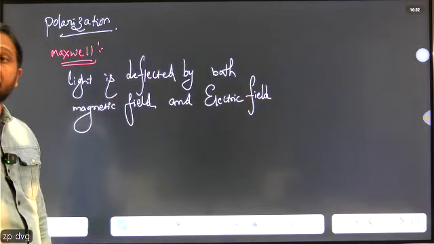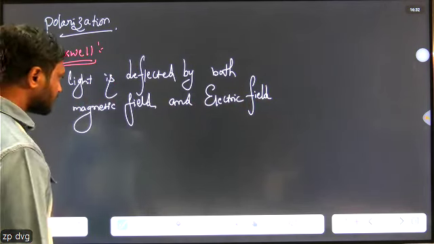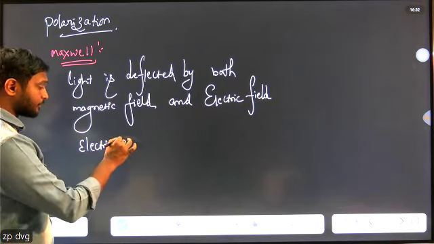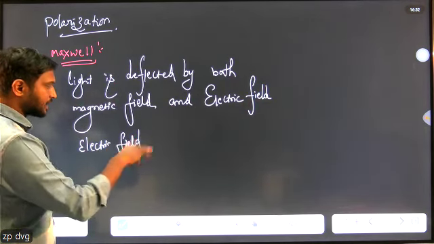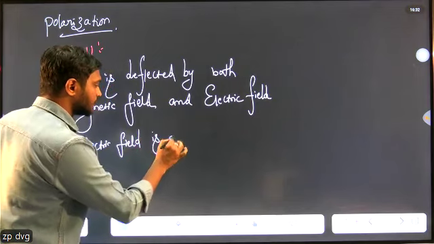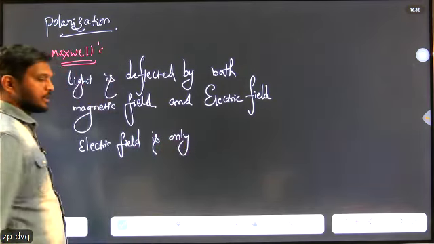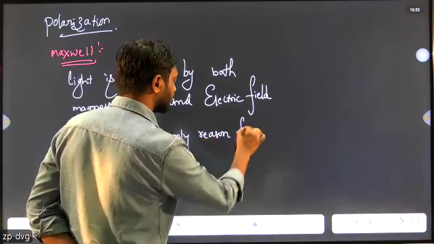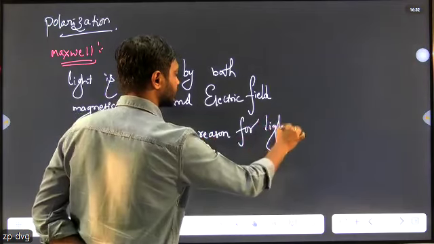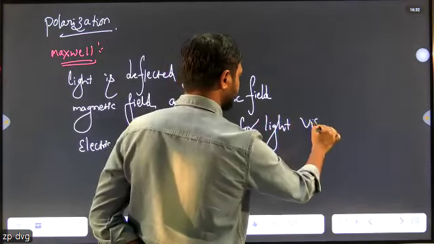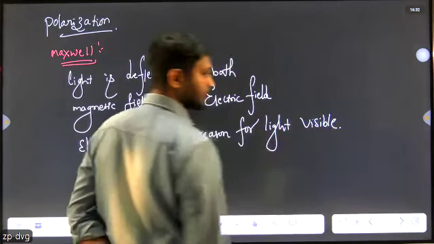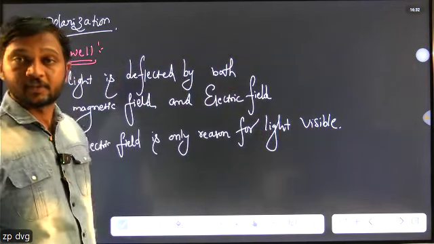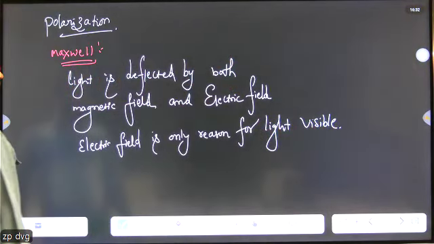Both the electric field and magnetic field. But the electric field is the only reason for light being visible. Is it clear, all of you? Electric field is the only reason for light visible. Okay.